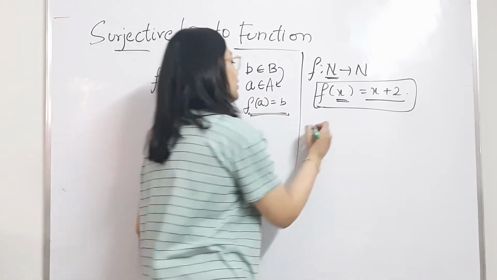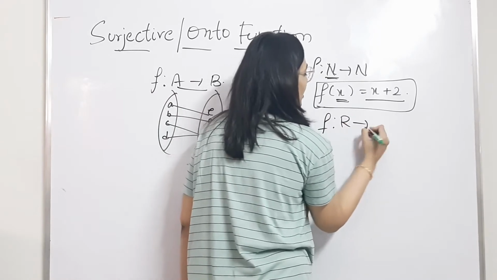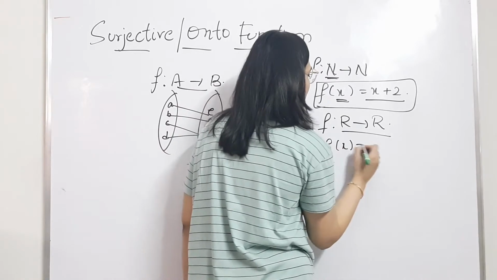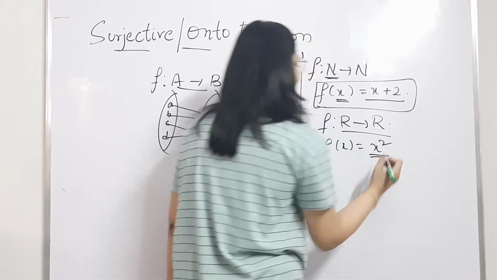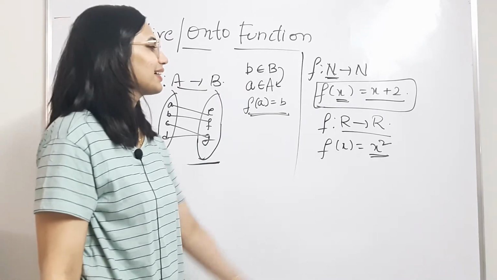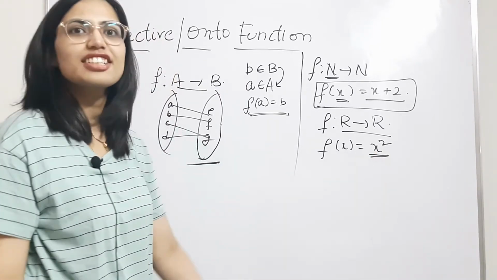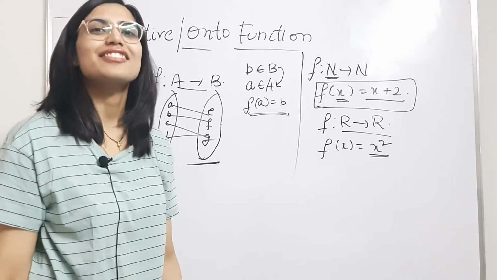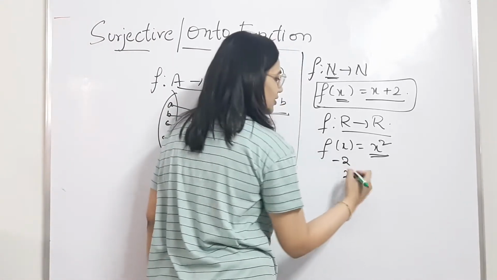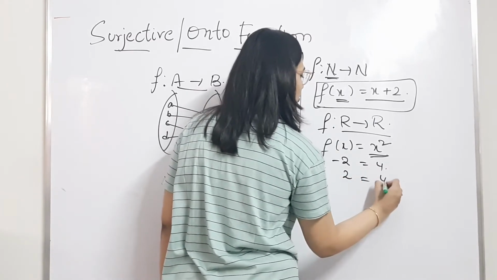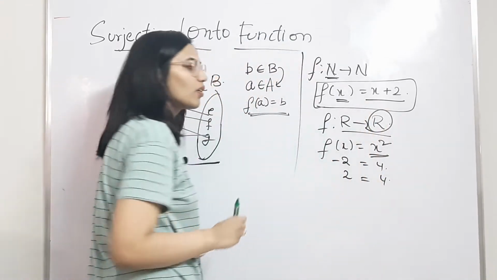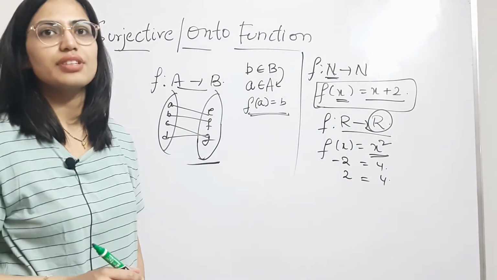However, if you say f is a mapping from real numbers to real numbers and f of x is equal to x square, then do you think that this is a surjective? This is not a surjective. Why? Because we put negative x, positive x here. We get 4 here and we also get 4 here. But we have defined this for all real numbers, right?